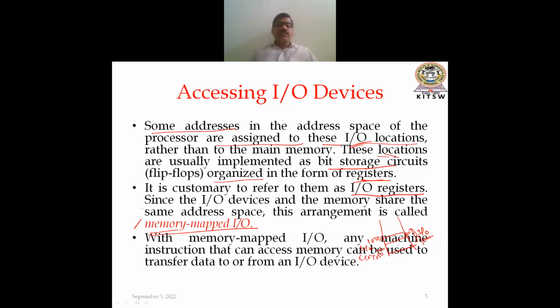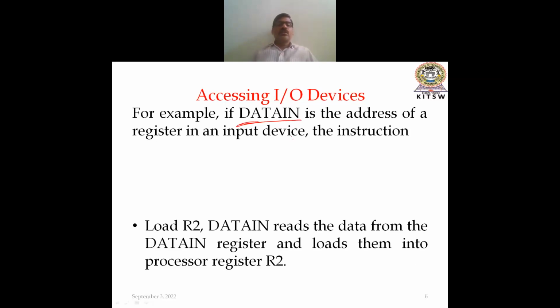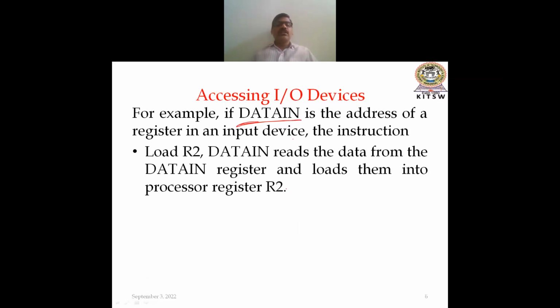With memory mapped IO, any machine instruction that can access memory can be used to transfer data to or from an IO device. For example, if DATAIN is the address of the register in an input device, the instruction Load R2, DATAIN reads the data from the DATAIN register and loads it into the processor register R2.